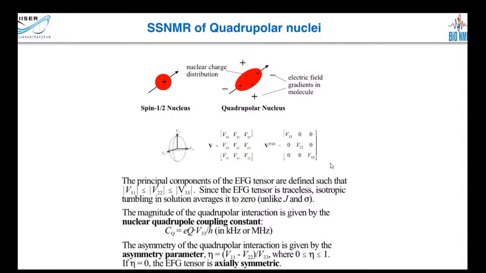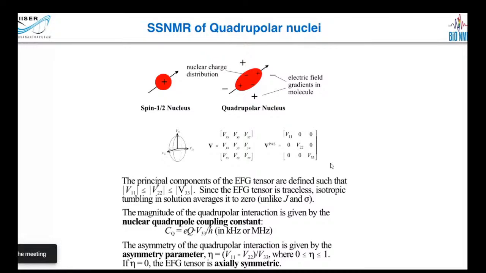Just like your chemical shift anisotropy, it will have this 3x3 matrix. Now, unlike chemical shift anisotropy, you don't have an isotropic component. So in solution, you don't see it. You don't see the sigma, V11 plus V22 plus V33 divided by 3 thing. That is not there. It is actually traceless.